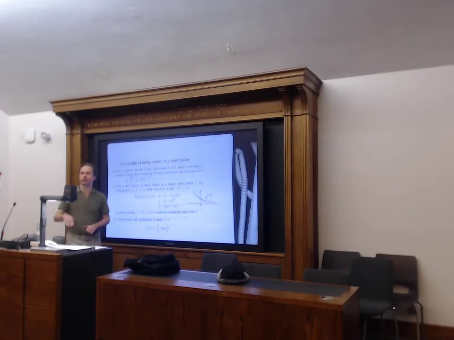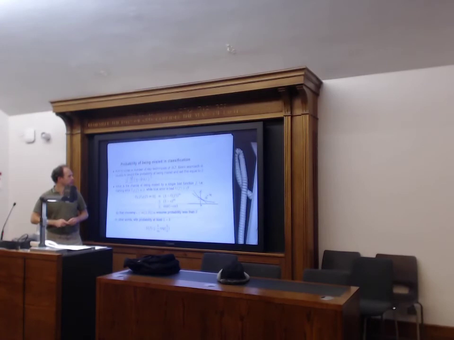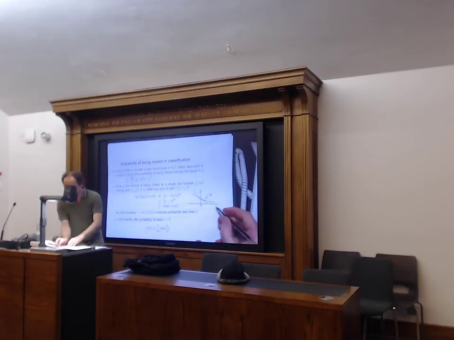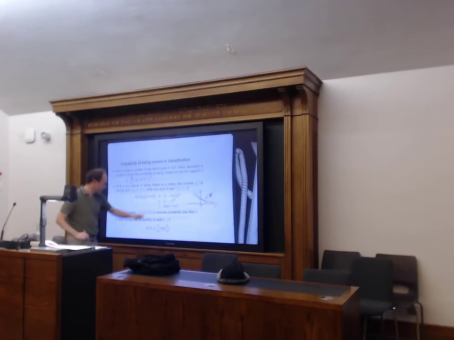So 1 minus x is less than e to the minus x, because it's a lower bound. Sorry, 1 minus epsilon, so it will be epsilon. So you get this bound.